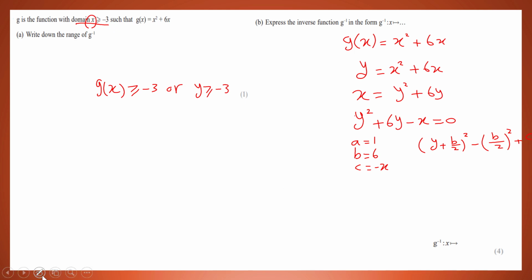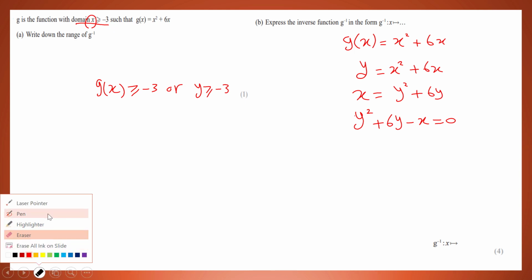So let's apply this form in here. We have known what's a, what's b, and what's c. We just need to apply in this formula, the completing square formula, and then I will try to make y the subject in this case.